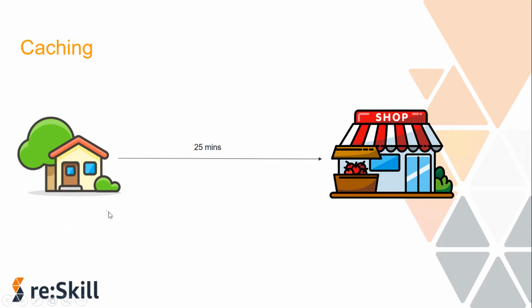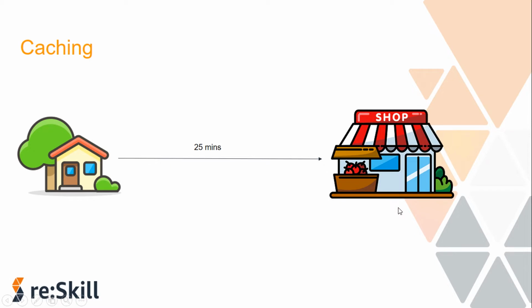Let's say this is your home and this is a grocery shop. So frequently you are going there and the travel time between your home and your grocery shop is 25 minutes to bring everything. And that is quite time consuming. Every time you need a small thing also, you will go from your home to the grocery shop.